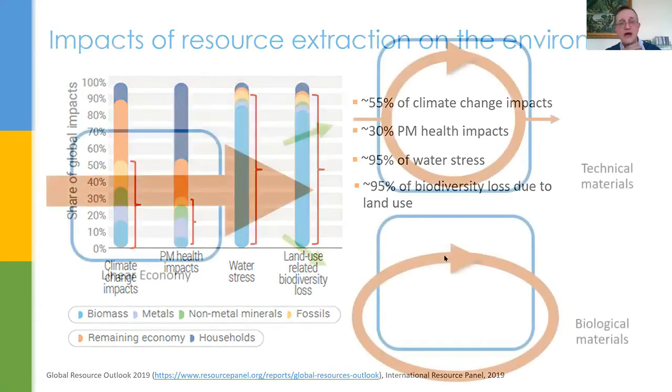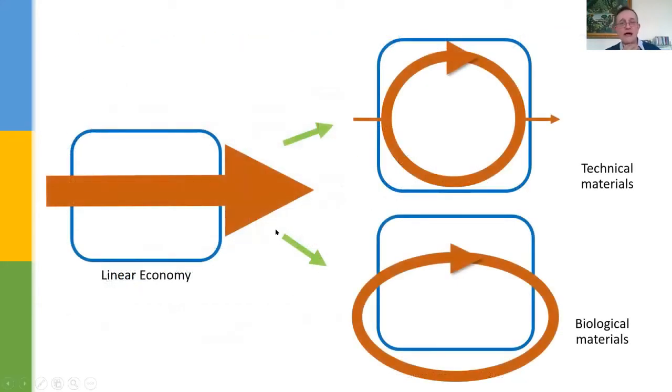So that's why, I didn't say so before, but now I make it clear in my little diagrams, not only are we seeing these flows going circular in these two types of circular economies, but also the arrows are getting much skinnier than this one, which is what I had in the linear economy.